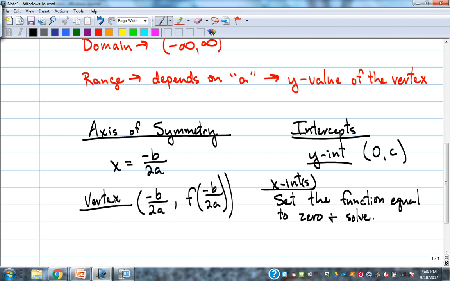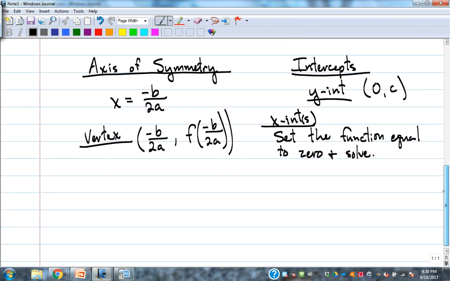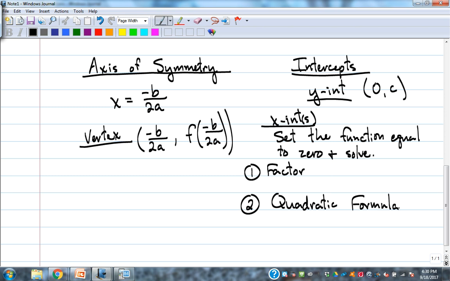Now, there's a few different ways to solve. We're going to talk about a couple of them today. One of those ways is factoring, and we'll look at that a little bit. The other way is the quadratic formula, which may be the most popular way to do it because it always works.